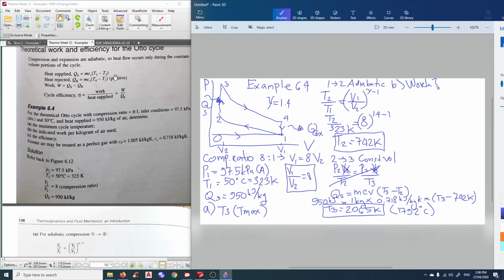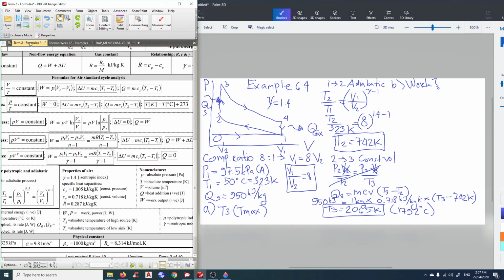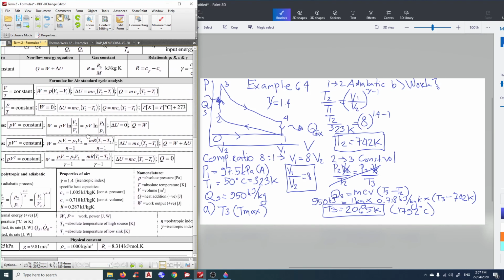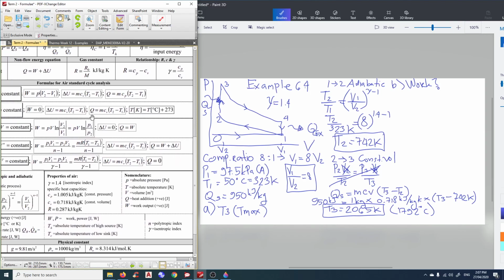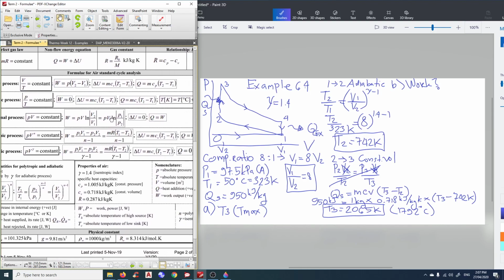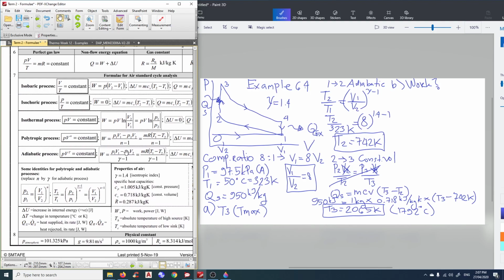Work happens during the constant pressure process, and it also happens during the adiabatic process.